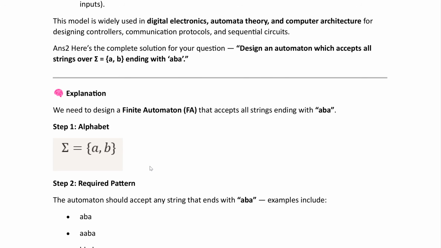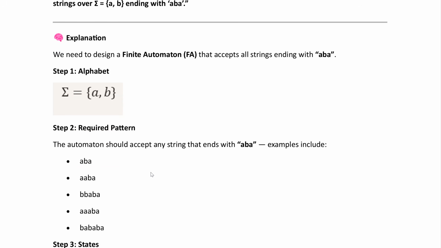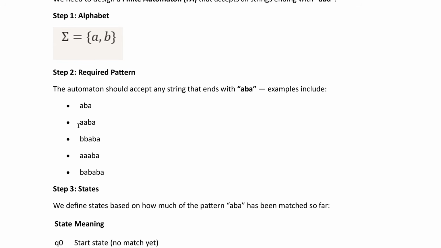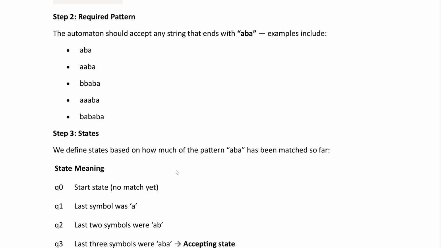Step one: the input alphabet is {A, B}, and we require those patterns which end with ABA. The automata should accept any string that ends with ABA. Examples include ABA, AABA, BBABA, AAABA, and so on. All these strings are ending with ABA, as you can see.